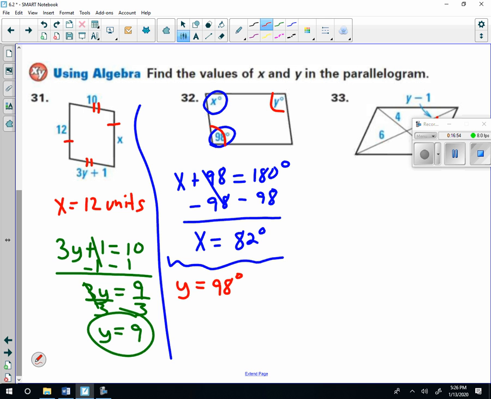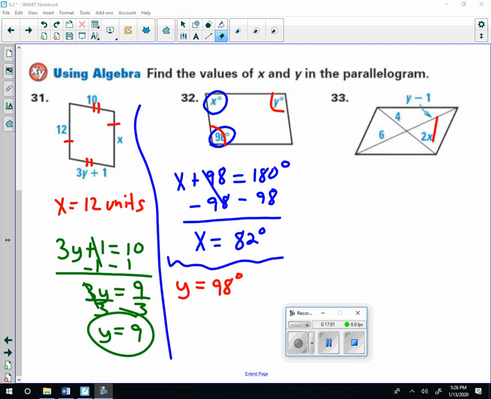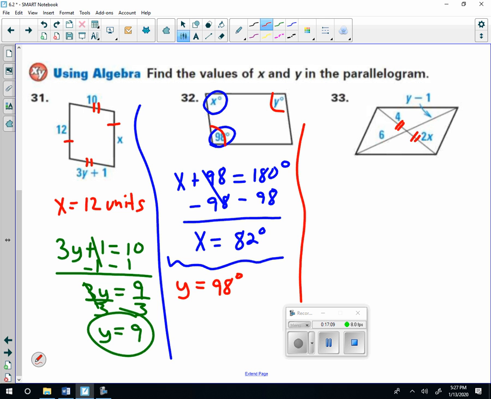And in that last problem, number 33, if that indeed is a parallelogram, we know that the diagonals cut each other in half. So those two segments have to be congruent, which means 2 times x has to be equivalent to 4. If we divide by 2, we get x equals 2.